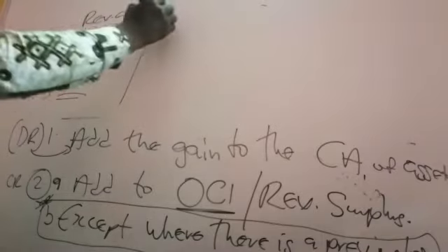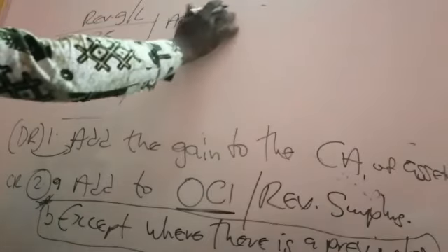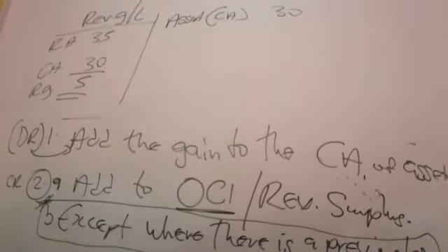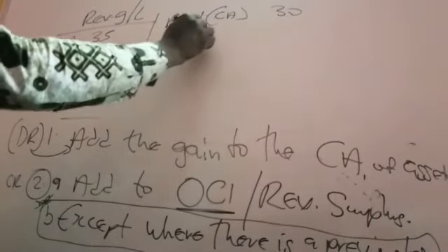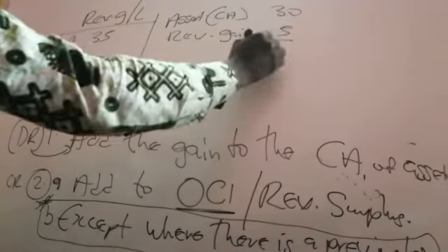So write the carrying amount of the asset. Already there's 30, so we are adding the revaluation gain of 5 to it. Therefore we get back to 35.